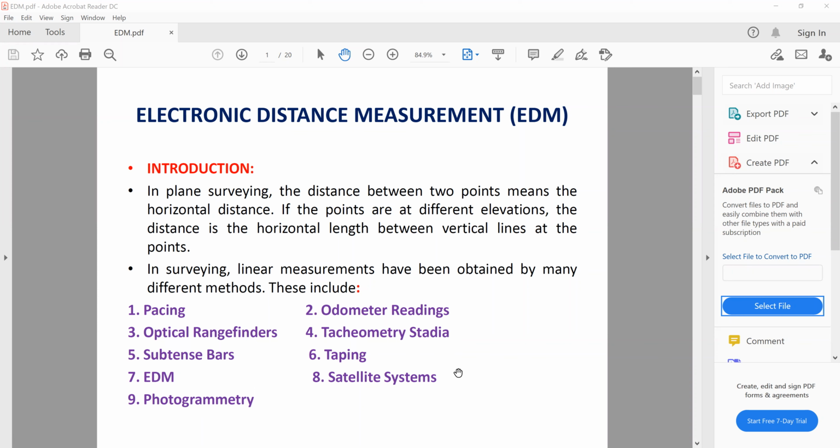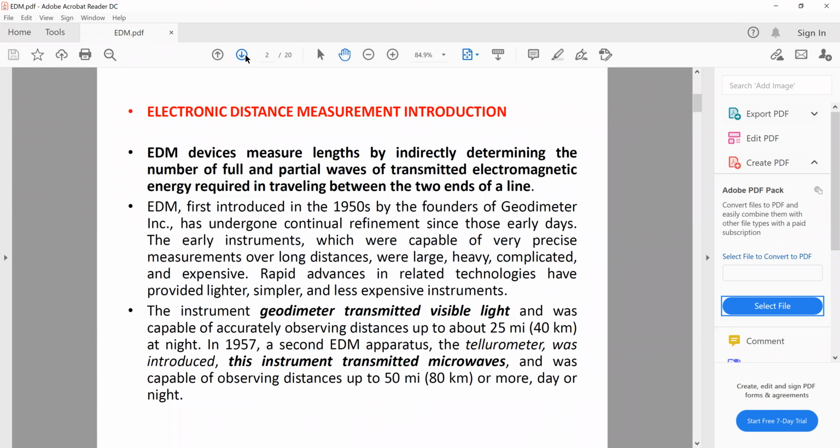Then we have satellite systems. So basically through remote sensing, we can do this. And then we have odometer readings, an old instrument which measures the revolutions, and then optical rangefinders and substance bars, something that has become extinct now. So we'll focus in this lecture on EDMs, which is electronic distance measurement.